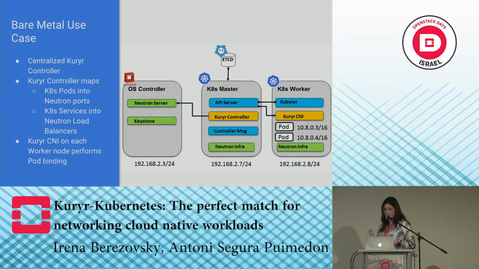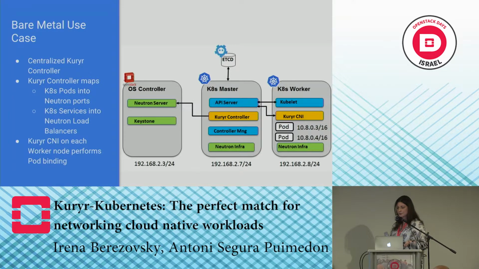In such a case, there is an OpenStack controller, where the components that we use, and I'll explain it in more detail later, are just Neutron server and Keystone. Neutron server for the networking, obviously, and Keystone for authentication. There is a Kubernetes master with all the components I mentioned before, but we have an additional component, the Kuryr controller, which is part of the Kubernetes control plane for the sake of this integration.